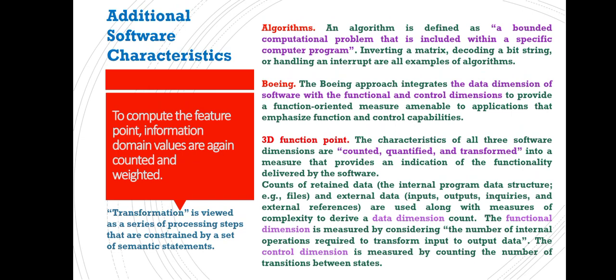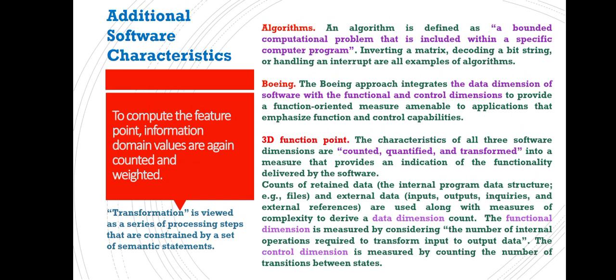It is measured by considering the number of internal operations required to transform input to output data. Here we are considering the number of internal operations required in order to transform the input data into the output data. And the third measure is the control dimension. It is measured by counting the number of transitions between states.